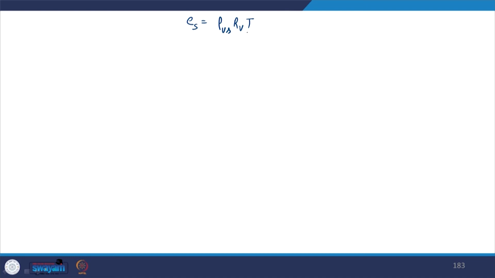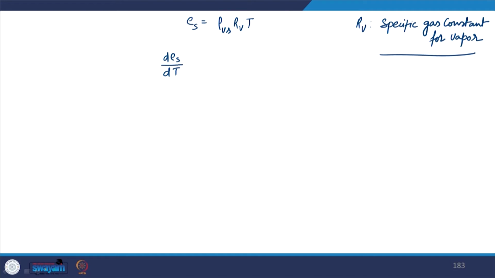You use the gas constant for the specific vapor, not the universal gas constant. So, this is the specific gas constant which is for the water vapor. So, RV is the specific gas constant for vapor, right. So, we take a derivative of this equation with respect to the temperature.